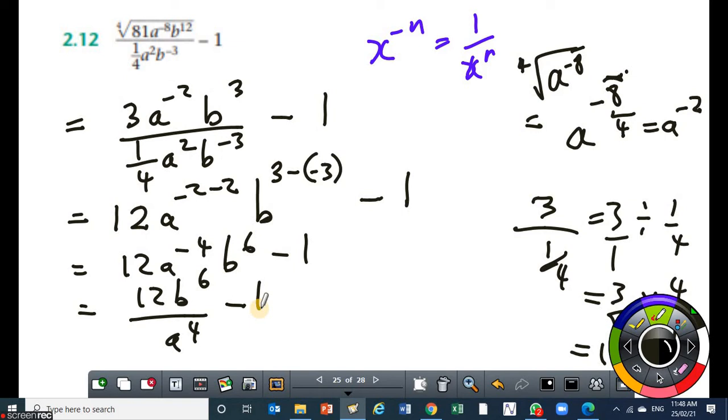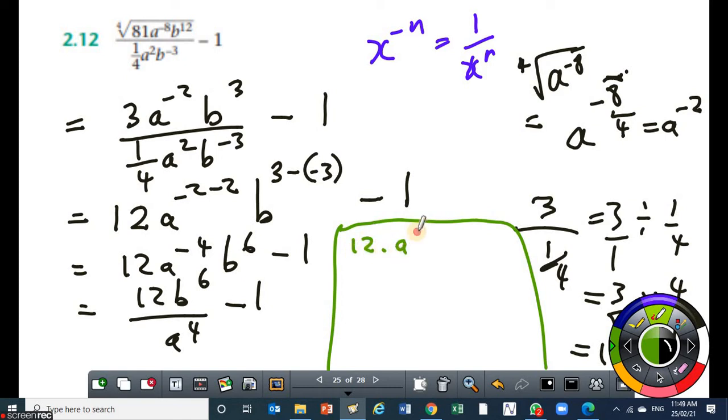Let me try to squeeze it here to explain it. You see this is 12 times a to the power of minus 4 times b to the power of 6.